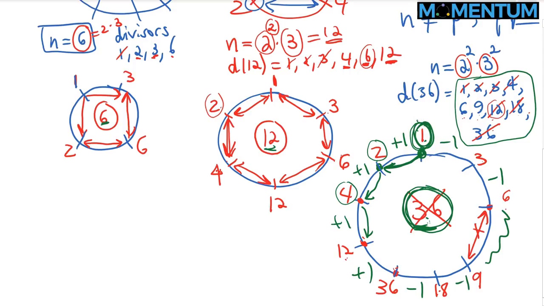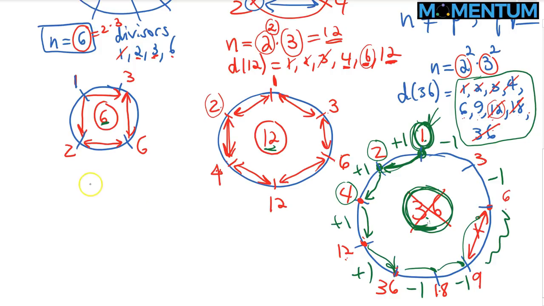So the sum of the exponents in the prime representation shouldn't change because we go back to the very same number. But there are in total 9 transitions. So there is no way that you start at a vertex and go back to the same vertex after an odd number of moves.